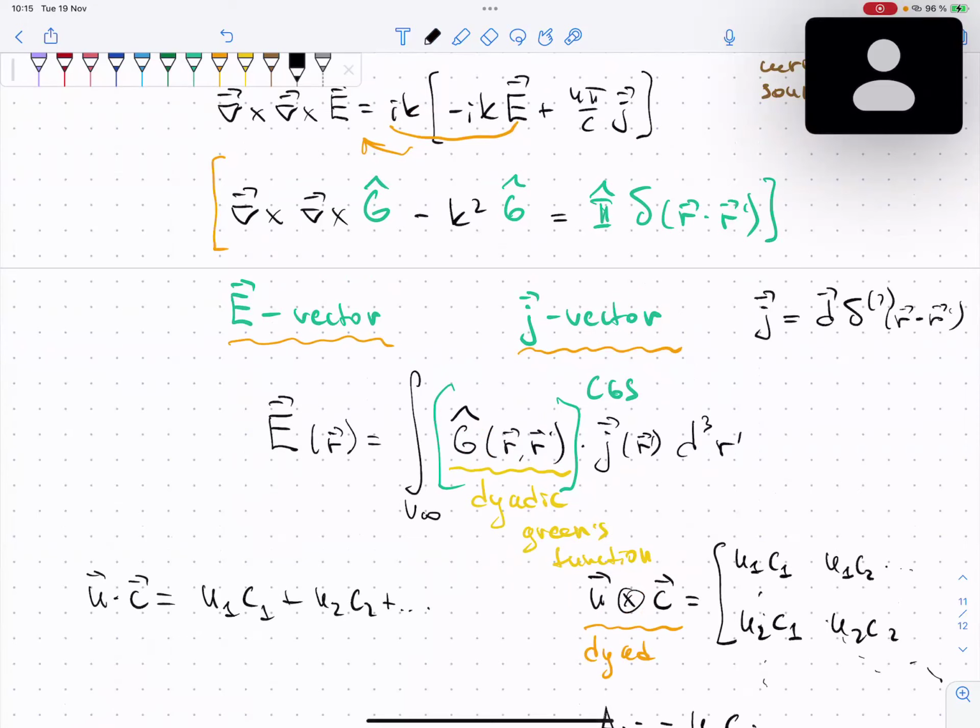This is basically the current of an electromagnetic dipole.